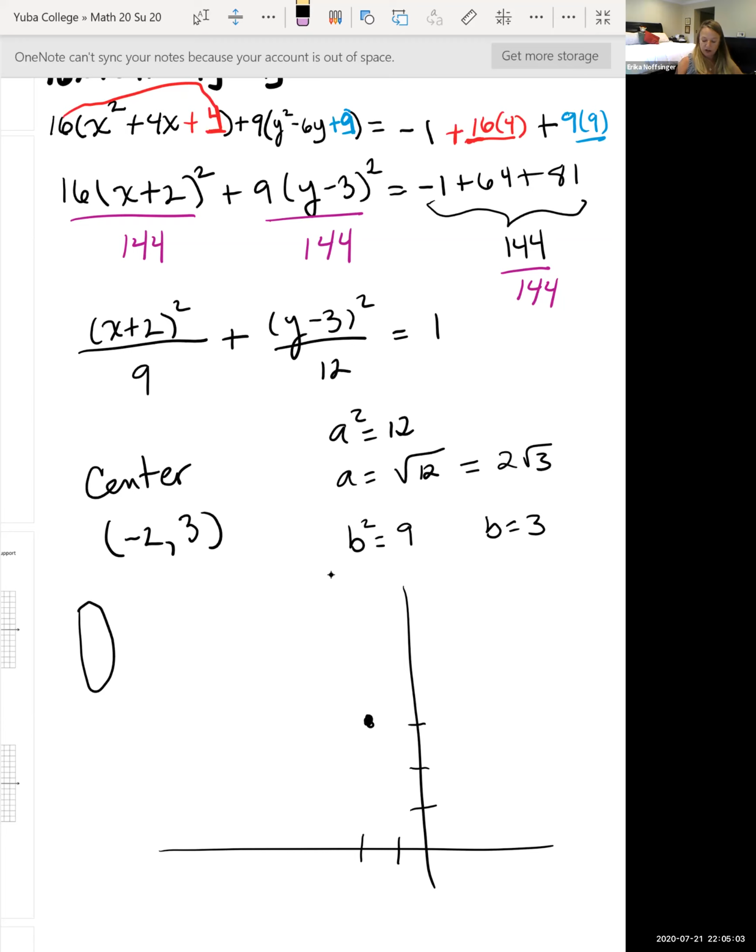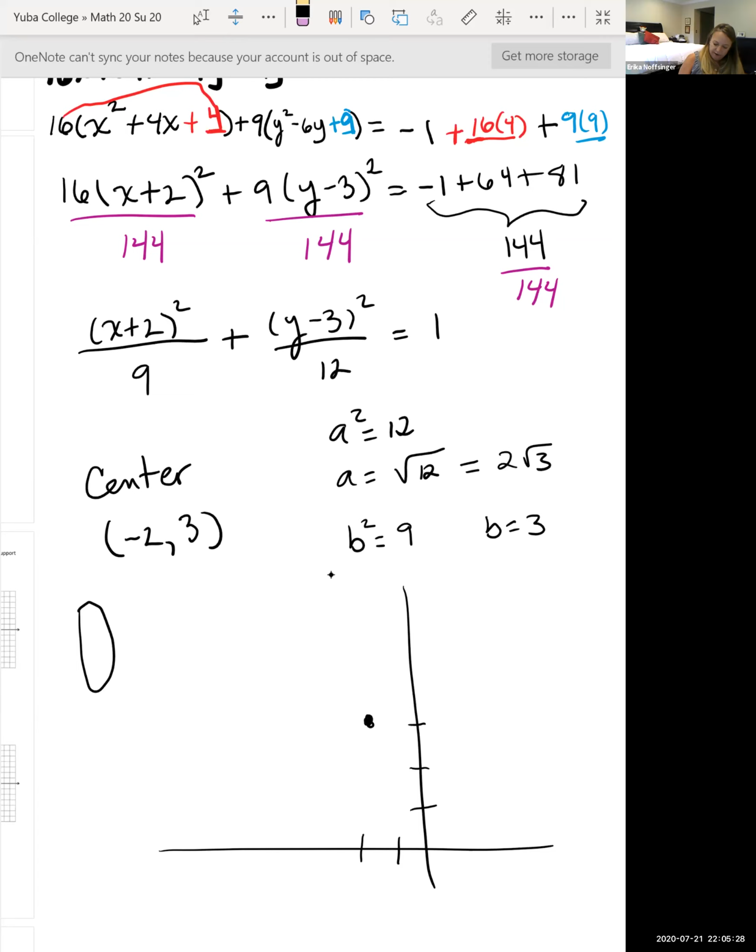So we're going to go up and down that value of a, about 2 root 3. Let me get that approximation, which is about 3.5. So I'm going to go up and down about 3.5 from here.